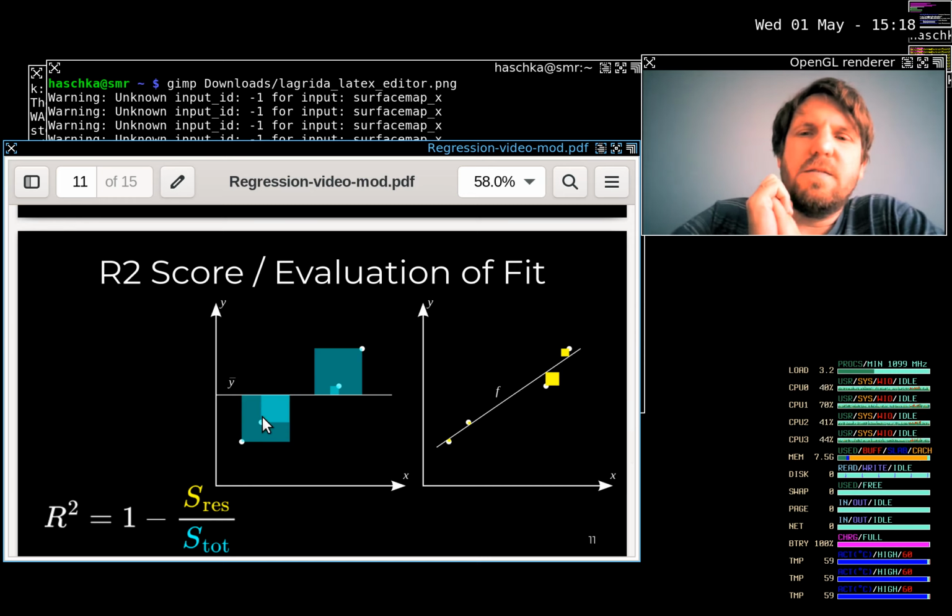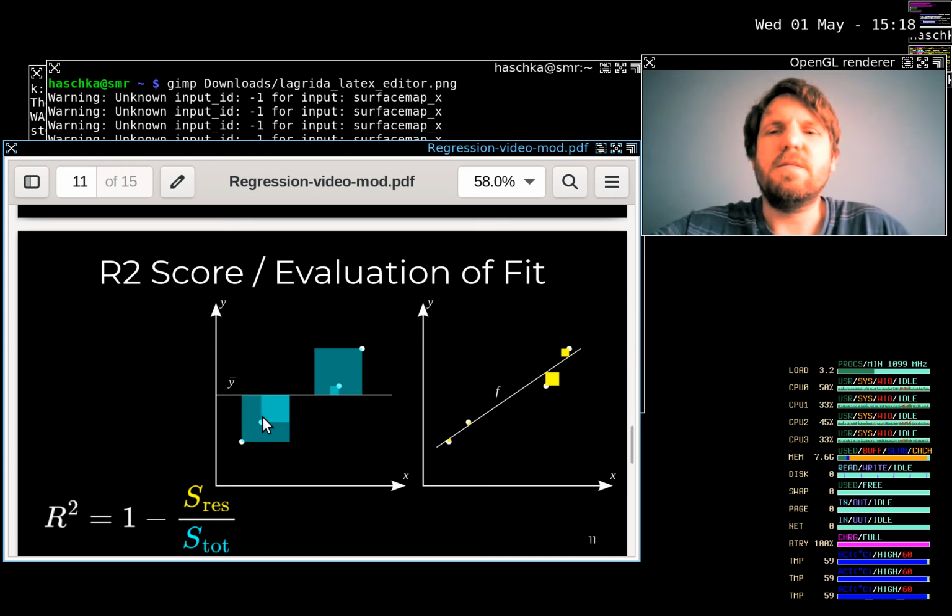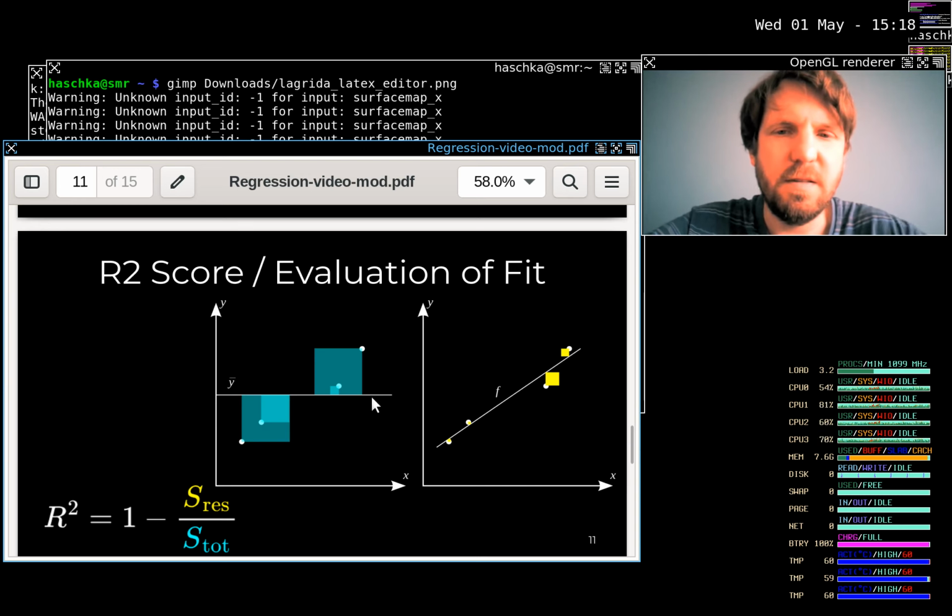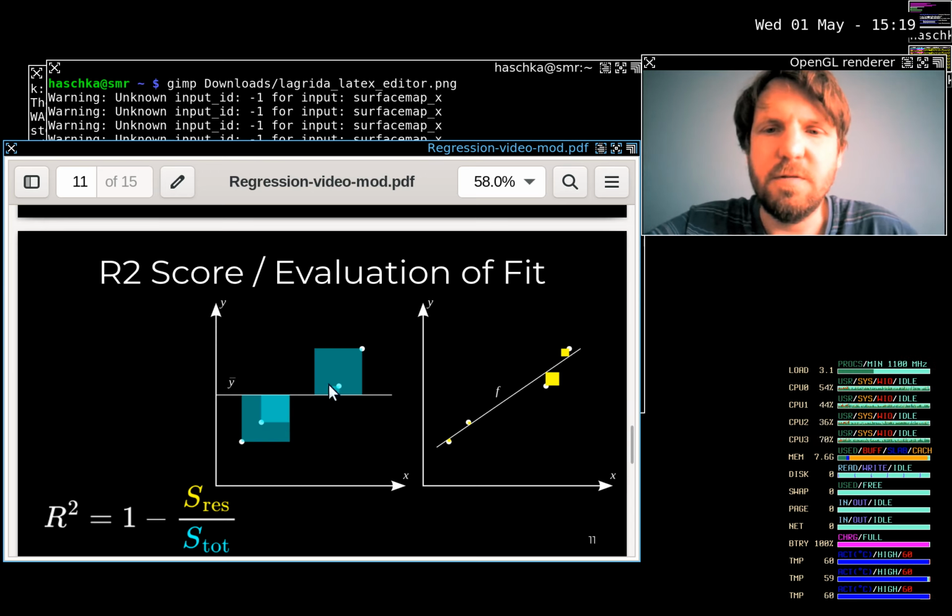This can of course be a surface or a hyperplane in a higher dimensional problem, and you can still take the mean of these values and build this hyperplane in space of your prediction value.